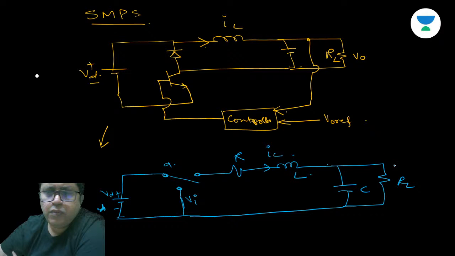This is V0, VC. This is point B, point C. This is the equivalent circuit of the above circuit.